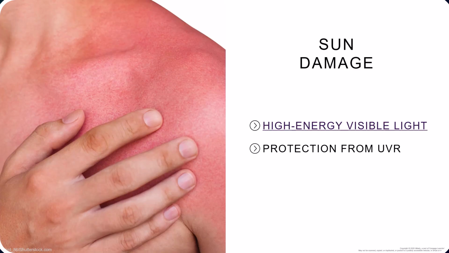But for protection from ultraviolet radiation, or the UVR, melanin is naturally designed to help protect our skin from UV radiation, and it can be altered or destroyed by large, frequent doses.